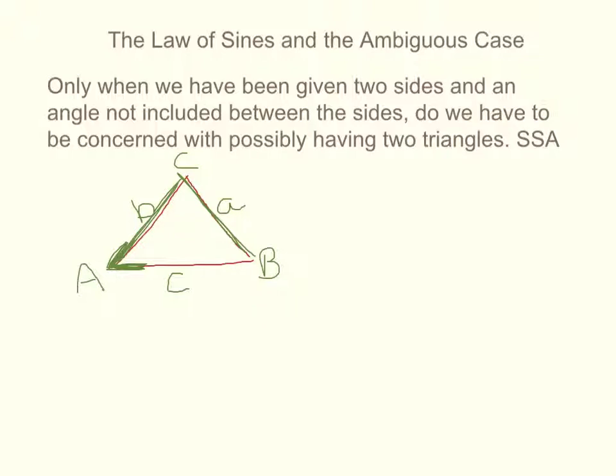So what can happen is, because we don't know how long or short side C is, in some cases, side A could actually land inside of the triangle, creating an obtuse angle. In this case, angle B is obtuse. This would be angle B here.